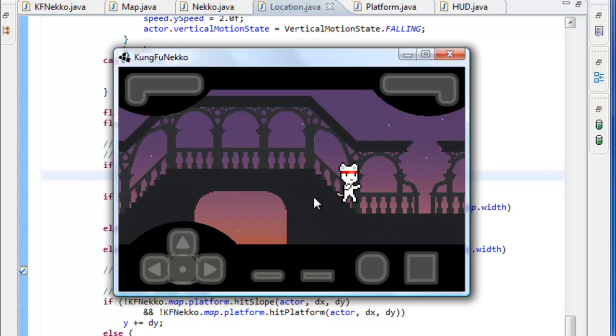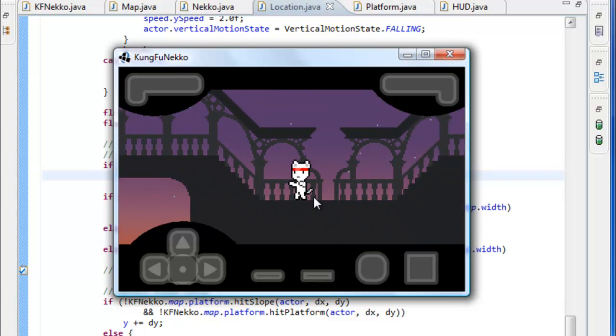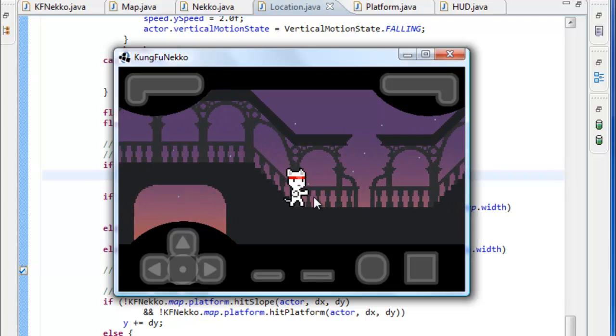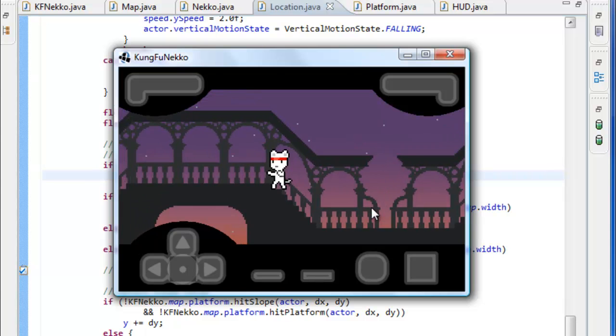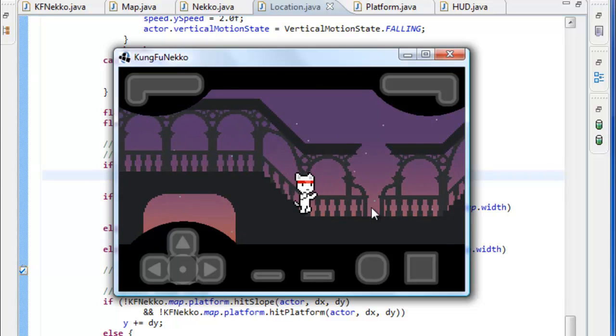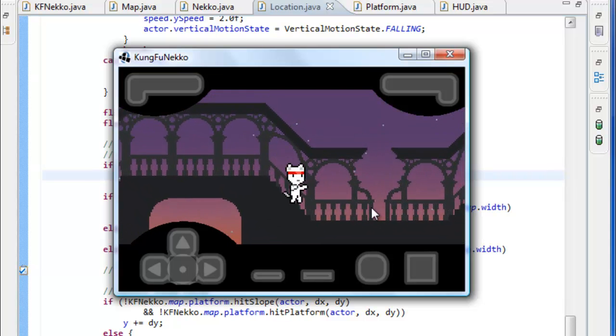And you know what? There's one more thing that I want to do before ending this video. You see the steps when we're going up the slope? The animation delay is a little too small where we're on a slope.